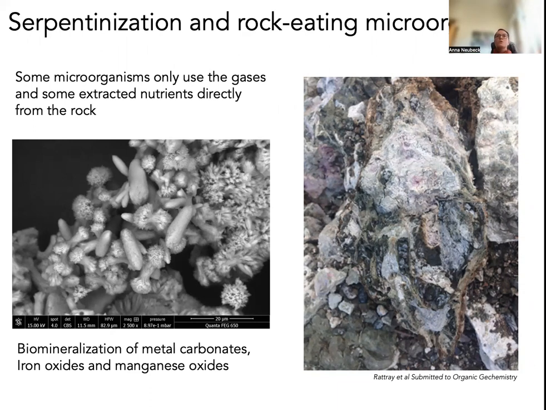So most of them were hydrogenotrophic. And some of these microorganisms also are biomineralizing, and we could find a lot of biominerals forming in these waters, and they form metal carbonates, iron oxides, and manganese oxides mostly.